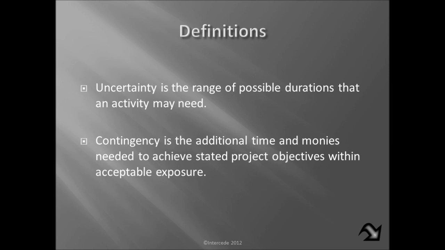And again, that goes back to the 20 to the 60. And contingency is going to be the additional time and monies needed to achieve stated project objectives within acceptable exposure. And this, again, is going to be the difference between the forecast that we develop and the deterministic that came out of the P6 schedule.